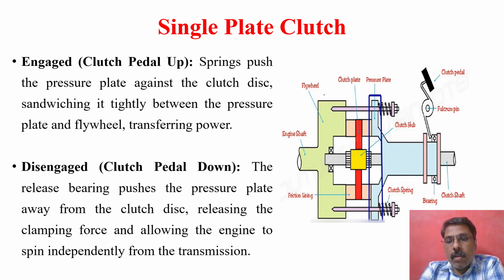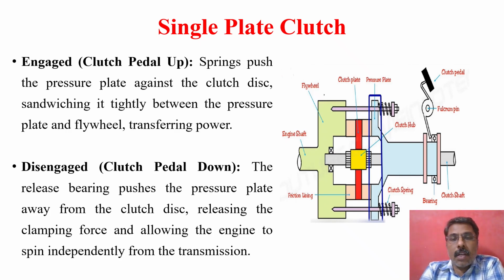The main purpose of the clutch spring is to hold the clutch plate to the flywheel. In general, the clutch plate is always in the engaged condition, and to disengage it, we use the pedal to disconnect the power transmission.